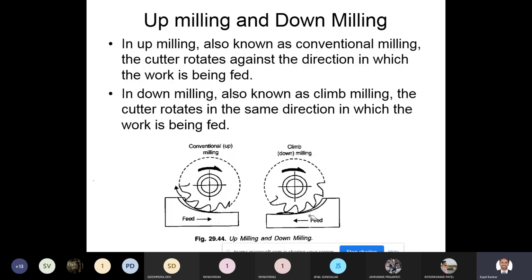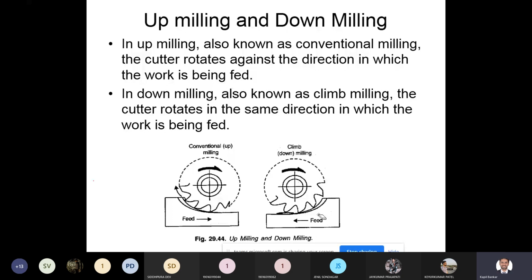You have to fix it on the table, but the higher amount of pressure is not required as in the conventional or up milling, because the cutter itself creates downward forces on the workpiece. Okay, so this is some difference between up milling and down milling.